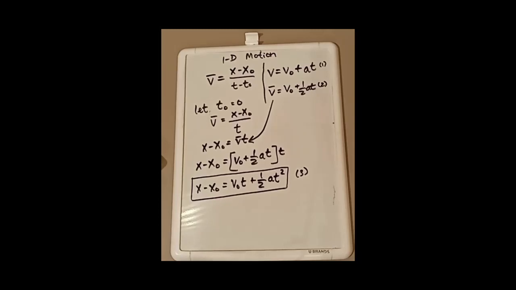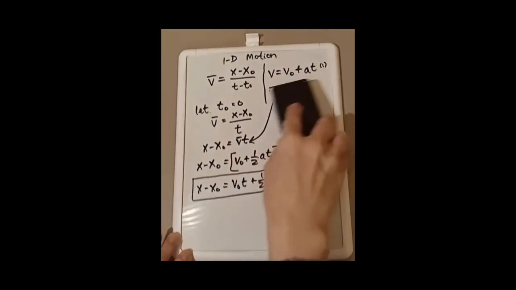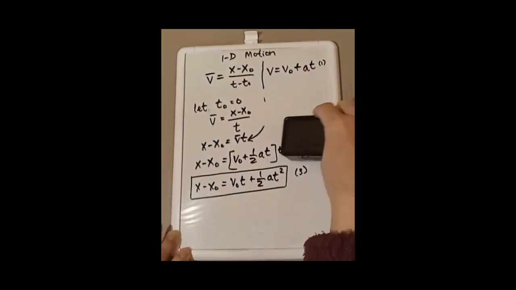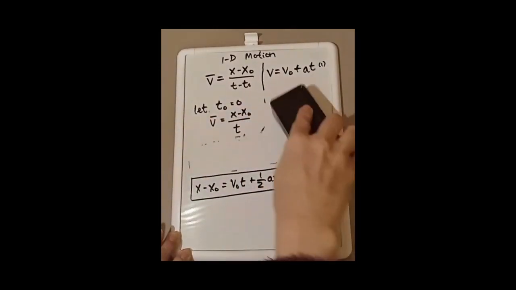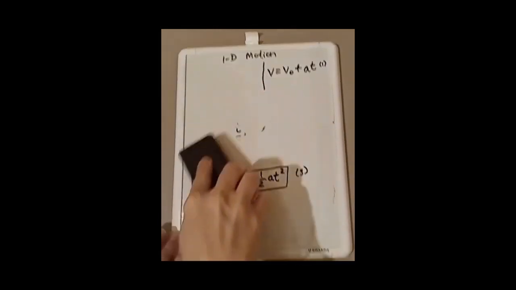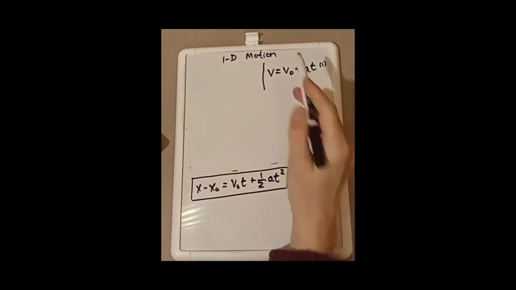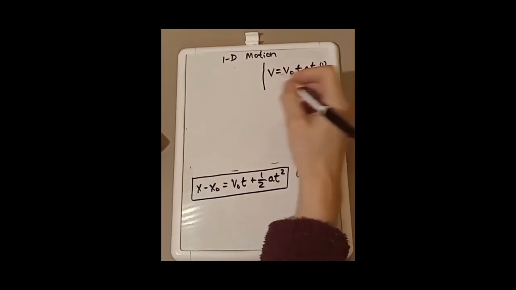Okay, so what I'm going to do from here is erase this equation for v bar because we don't actually need that one anymore. I'm just going to leave our other equations up in the corner. So our first principal equation, v equals v naught plus at.